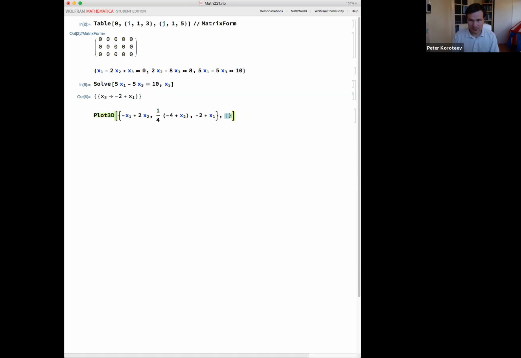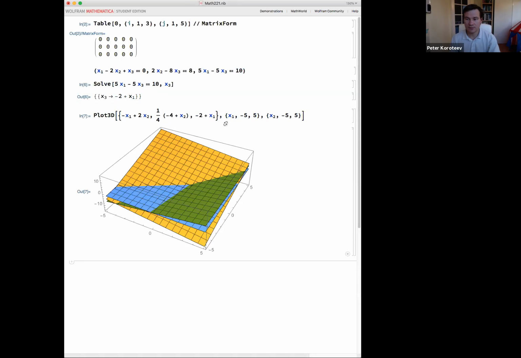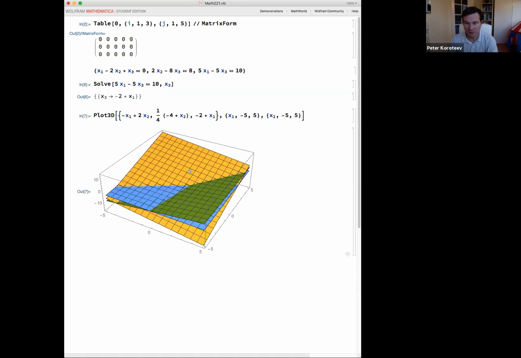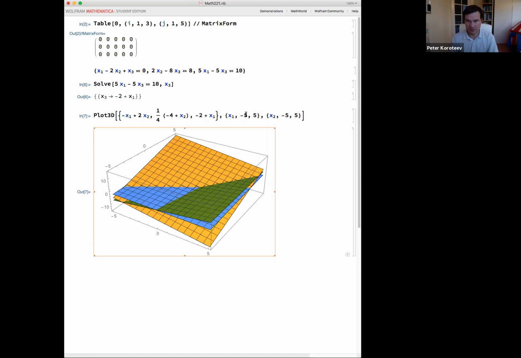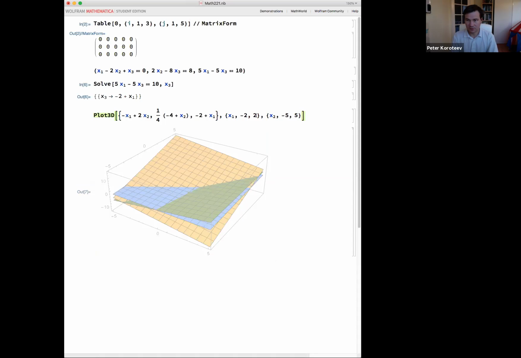And then we allow x1 and x2 to vary between say, -5 and 5. Here, each plane is drawn in its own color. Let's make it a bit smaller, from -2 to 2 probably will be a bit better.